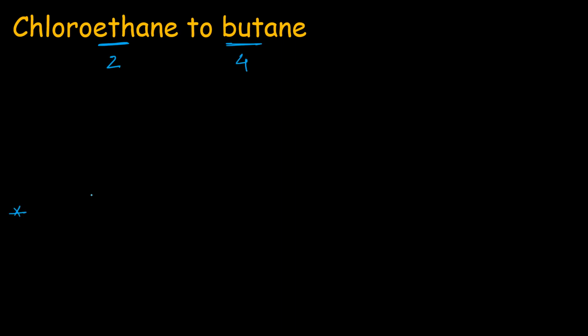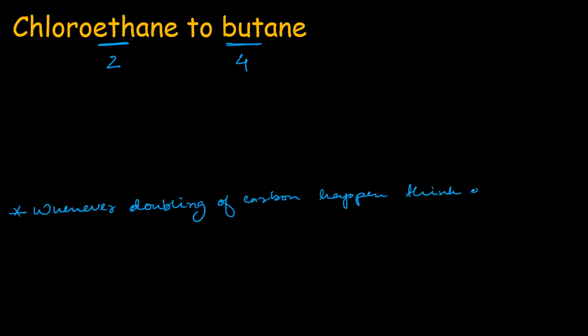Now we see that there are many questions in which we get the Wurtz reaction type of thing, or there is a doubling of carbon atoms. So you will write a note and think of this as a mental framework: whenever doubling of carbon happens, think of sodium in dry ether.